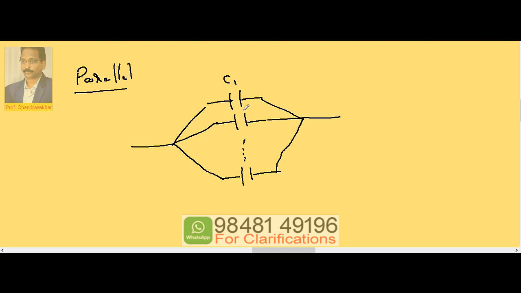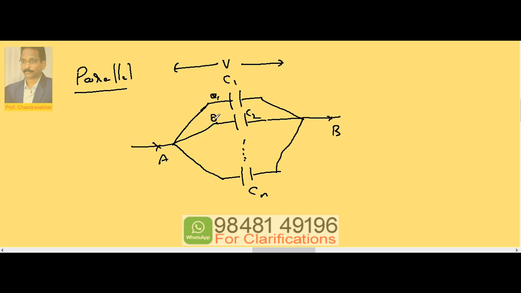Capacities C1, C2, Cn. Here this point is A, this point is B. So between these 2 points, potentials remain same. So V is constant. So in parallel arrangement, potential difference across any capacitor remains same, but charges will be different.